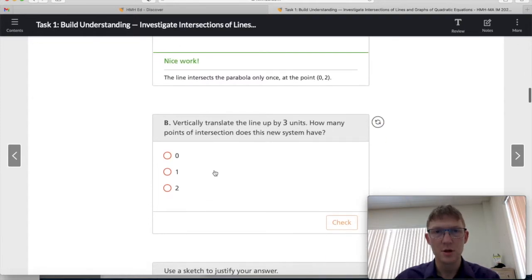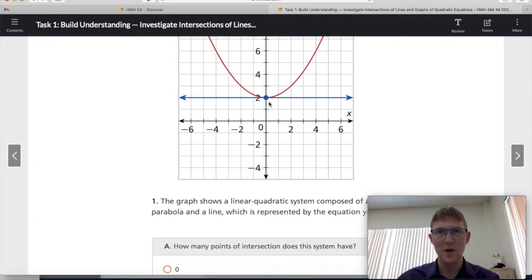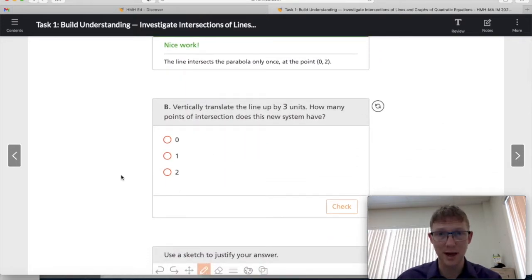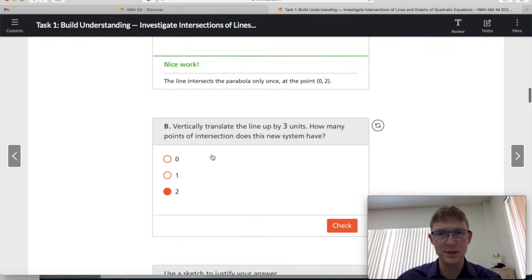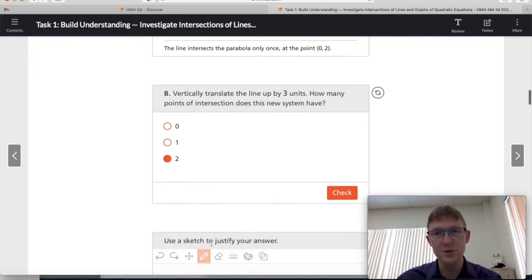Yay. So if we vertically translate the line up 3 units, so we're moving this line up 3 units, 2, 3, 4, 5. So it would be this line right up here. How many solutions would we have? Well, it would now cross the parabola in 2 places, so we would have 2 solutions.